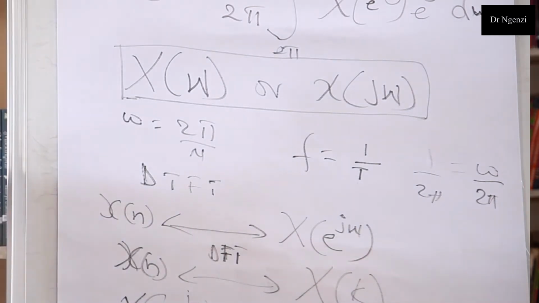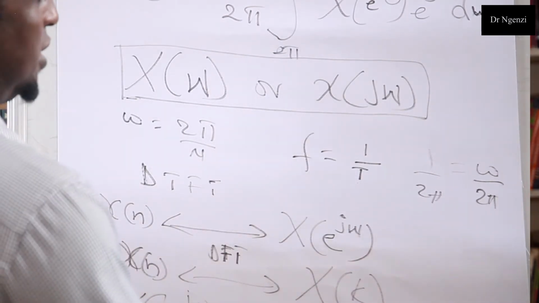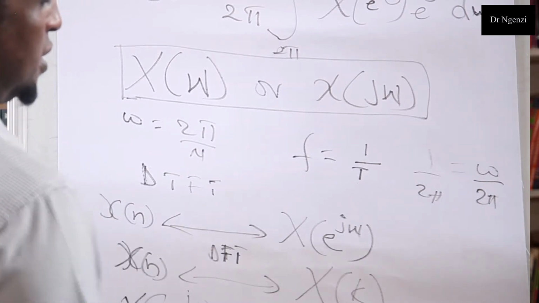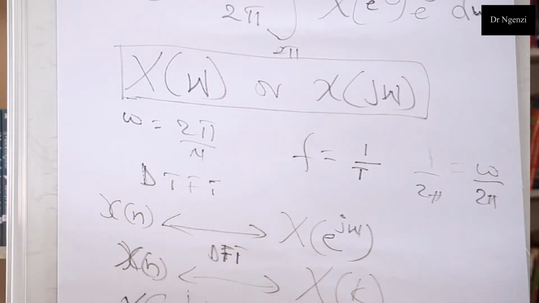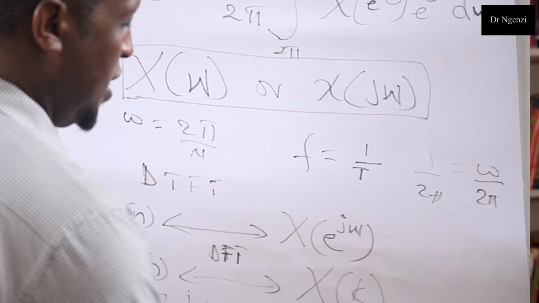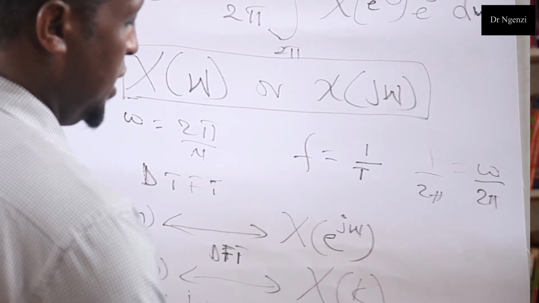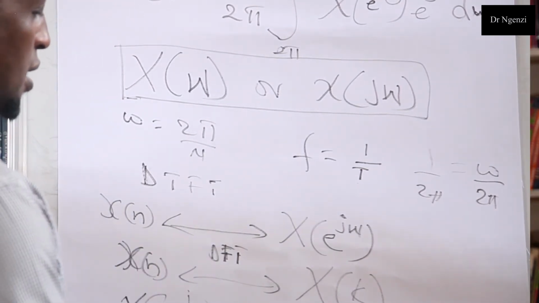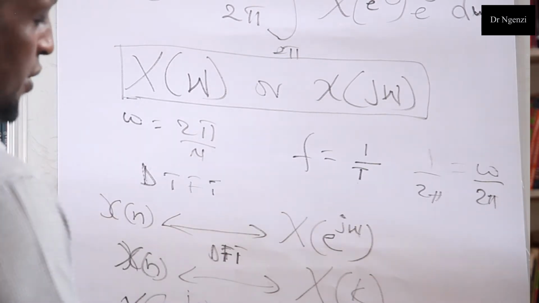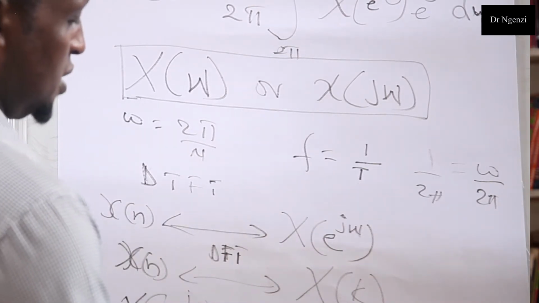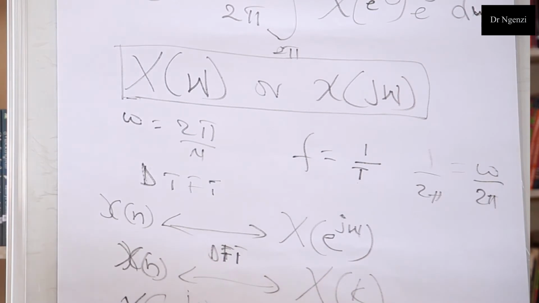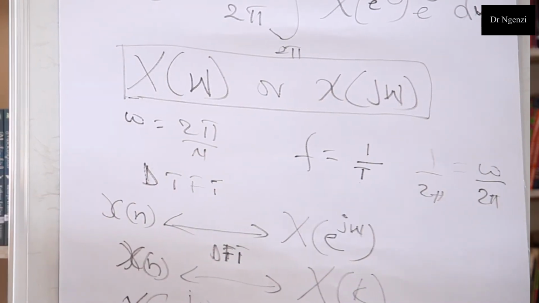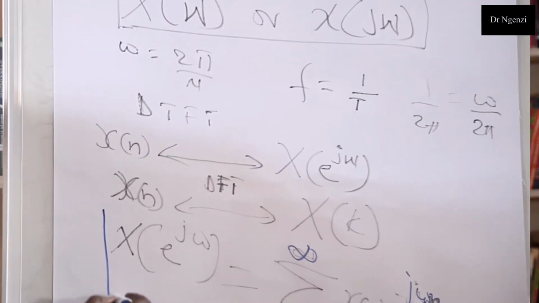Of course, in general, you can have big X of k that is going to be the summation from n equals 0 of small x of n times big W n k of n.